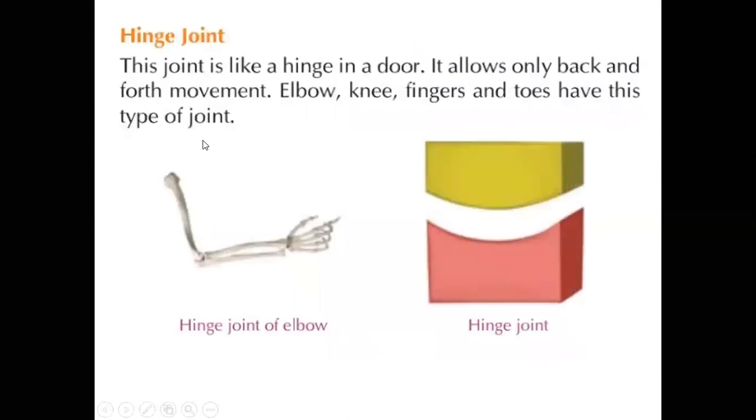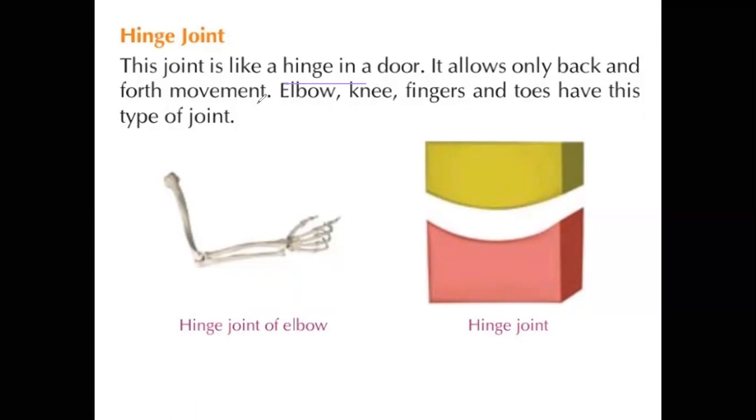Next one is the hinge joint. The joint works like a hinge in a door. Imagine the opening and closing of a door, which is in a single direction, right? So it allows only back and forth movement.